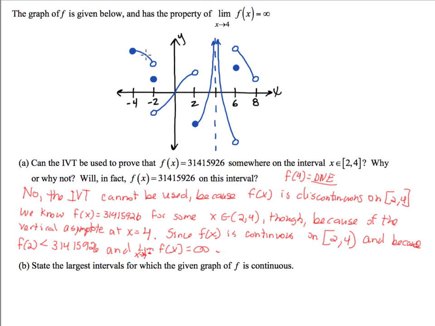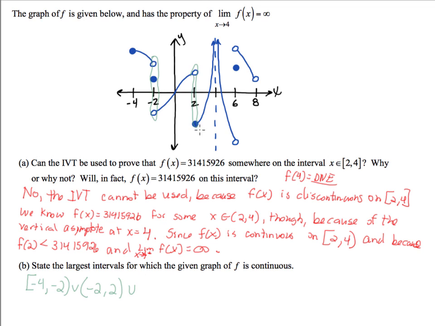Part B. Let's look at each interval of continuity. So our first point of discontinuity occurs at -2. So notice that my -4 endpoint is included, but my -2 endpoint is not included. For my next interval, it's continuous all the way until I hit 2. And my function value and my limit at my endpoints are not the same, so I do not include the endpoint values.